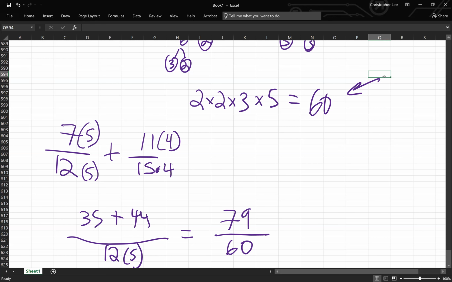The 15 is what? Like the common, the LCD? Yeah, yeah, yeah. There's a 3 in 12, there's 3, 2, 2, and 15 is 5, 3. Right. So do you put them all together? You can. So if you put them all together, that's called a common denominator.